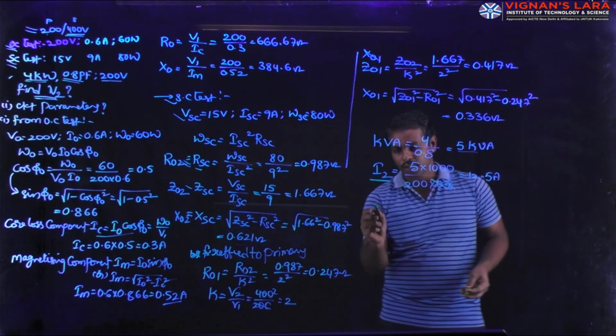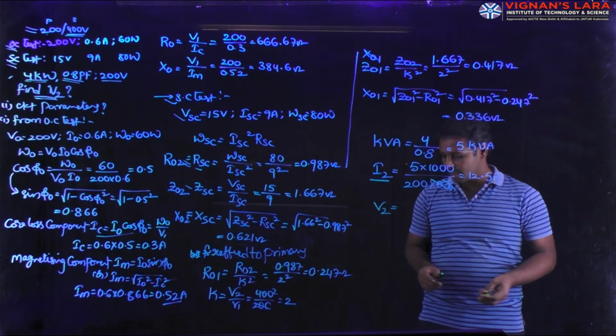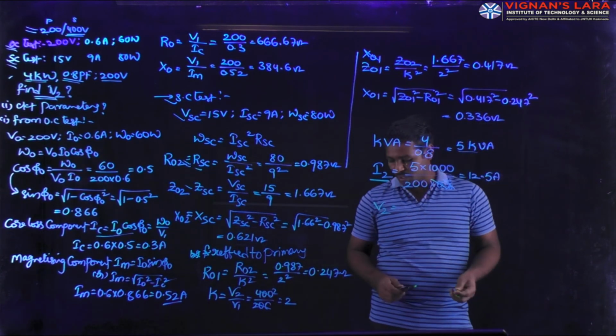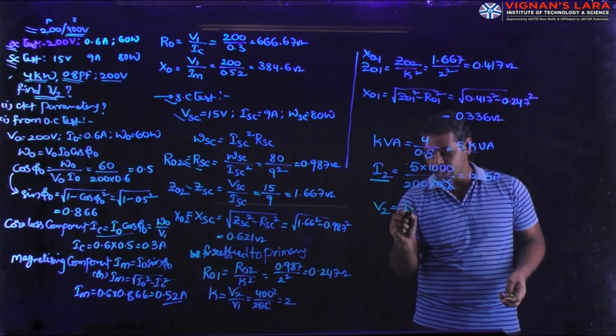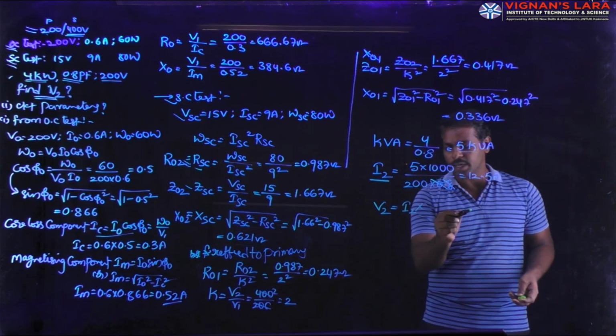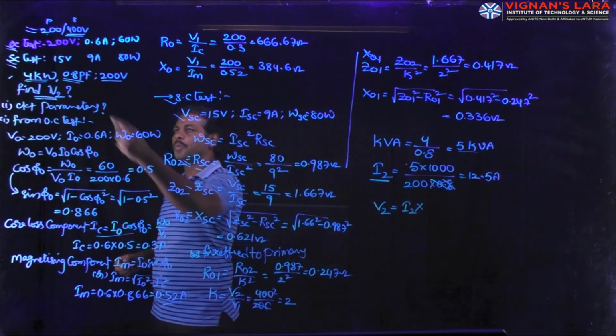Then V2, the secondary voltage, is equal to the total current multiplied with the total impedance of the circuit, operating at 0.8 power factor.